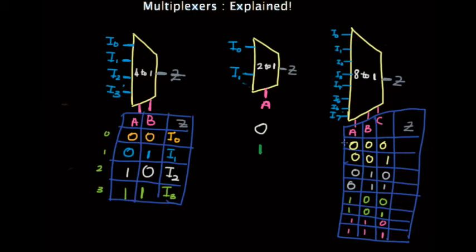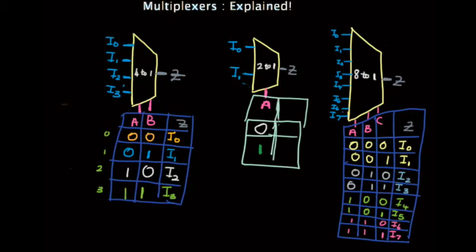And that in return correlates with the number of data inputs we have. And the same thing goes for the 2-to-1 multiplexer. In this case we just have A and then Z, which gives rise to I0 and I1.